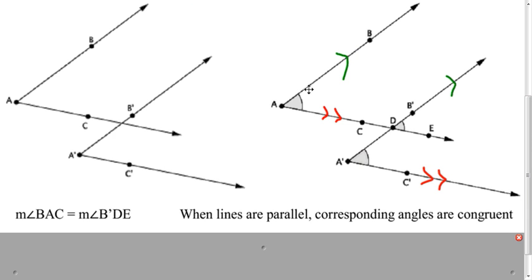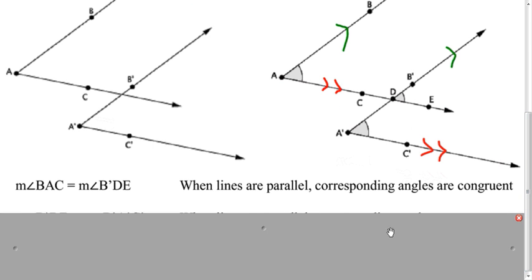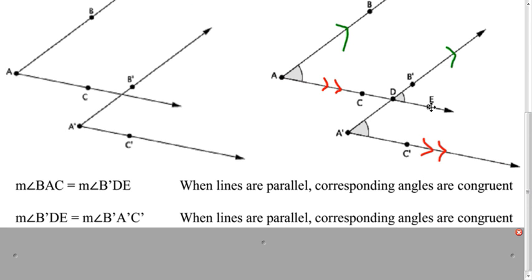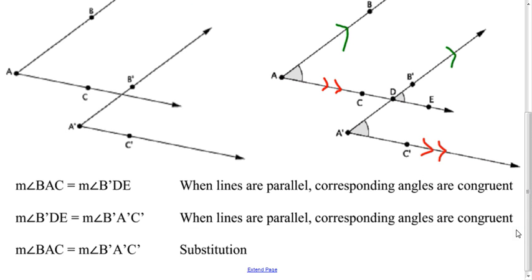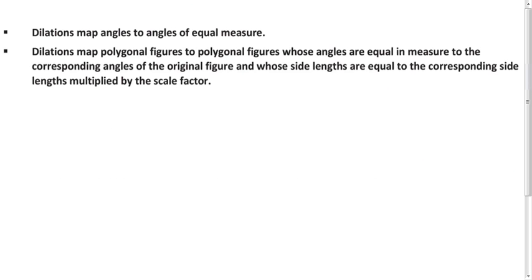So the corresponding angles here, BAC and B prime DE, those angles are congruent. The same goes for B prime DE and angle B prime A prime C prime. And so by substitution, we know that those angles are equal in measure like we wanted to show. So we know that angles are mapped to angles of equal measure, and the polygons map like we'd expect them to.